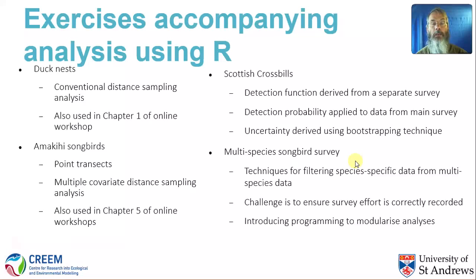The final aspect of the fourth exercise is we've taken the opportunity to write some functions that you might want to use when analyzing data such as this that arise from a multi-species survey. If you have multiple species, you might want to repeatedly analyze these data, subsetting on one species after another after another.